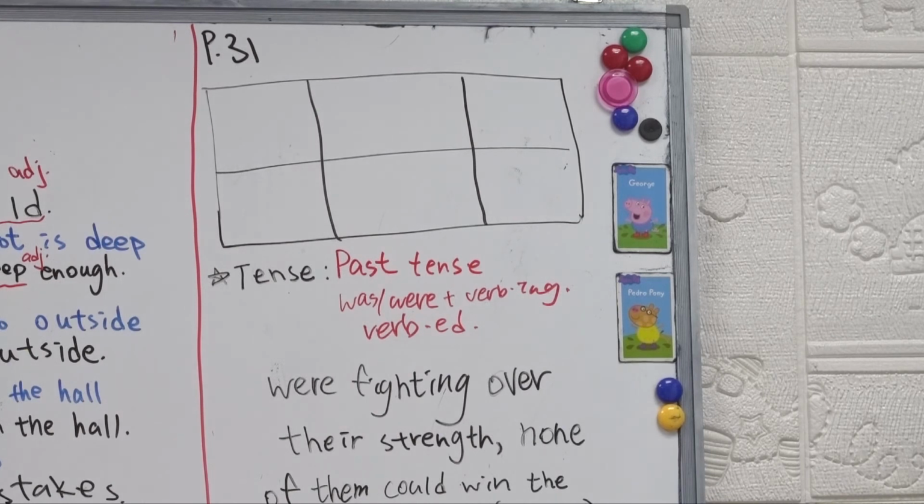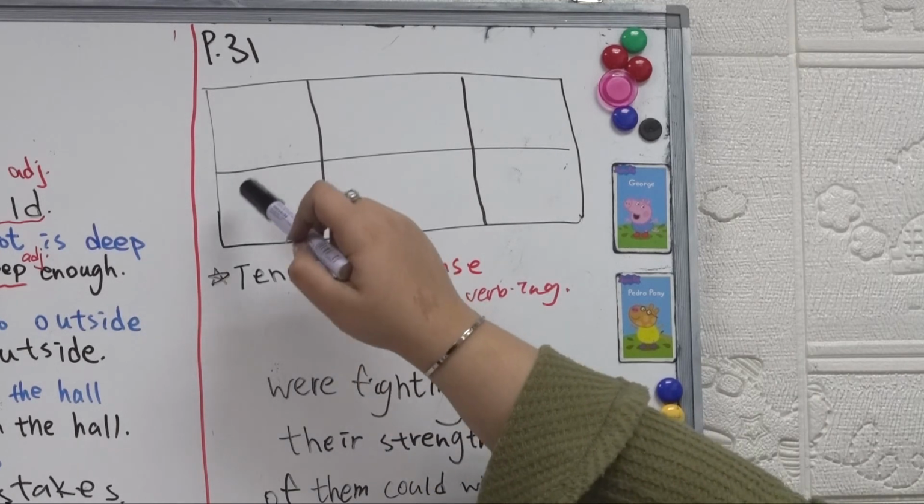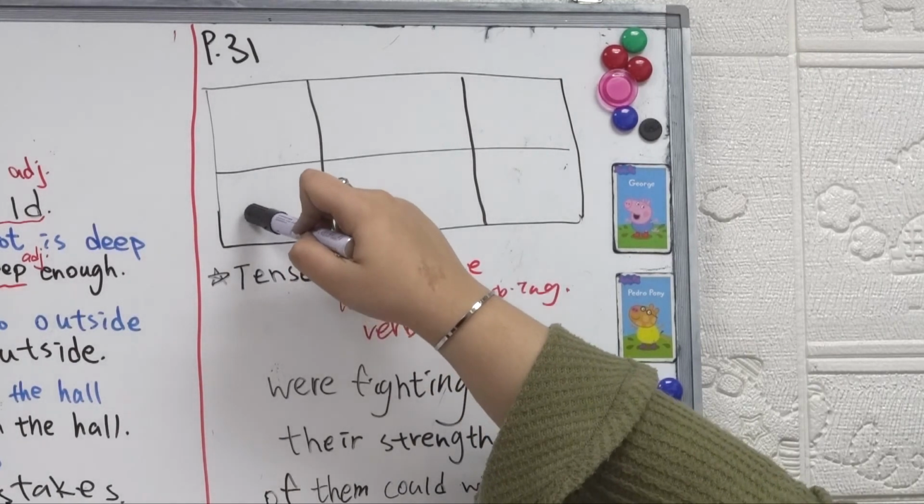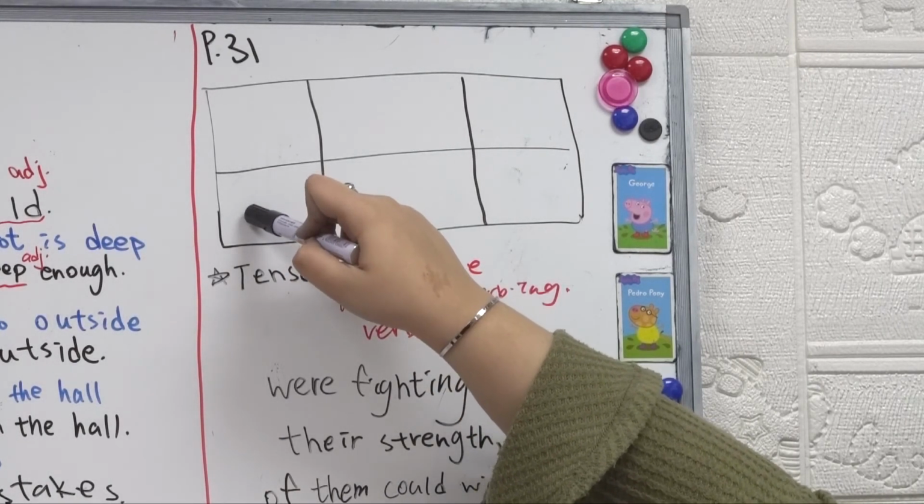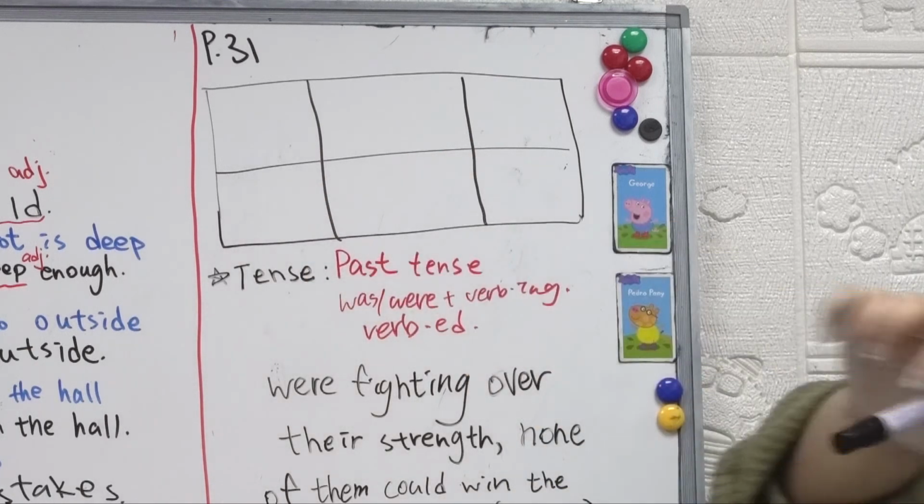So picture 4, as you can see, what happened after they crossed the river? What do you see in picture 4? In picture 4, you will see the monkey got the banana.